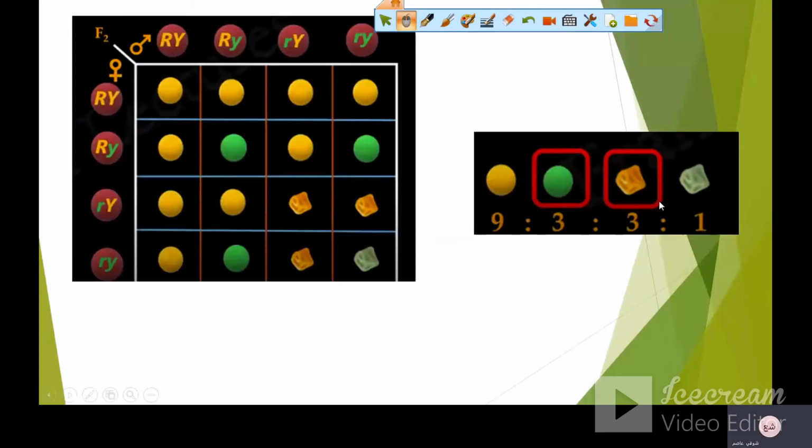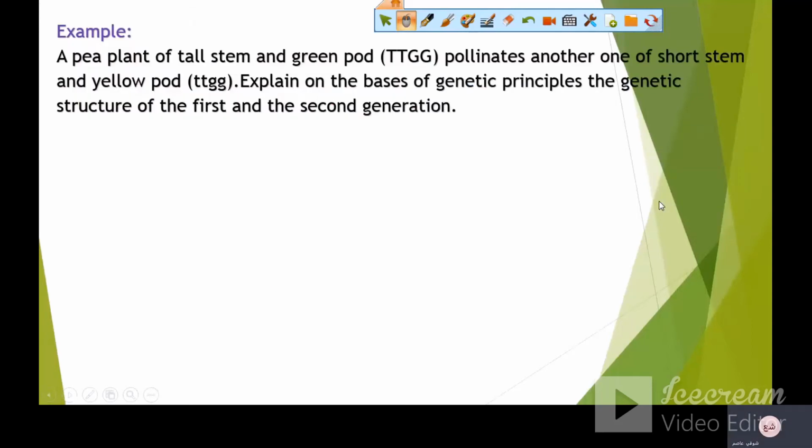Let's see it with an example and try to solve it together. Look at this example. A pea plant of tall stem and green pod pollinates another one of short stem and yellow pod.